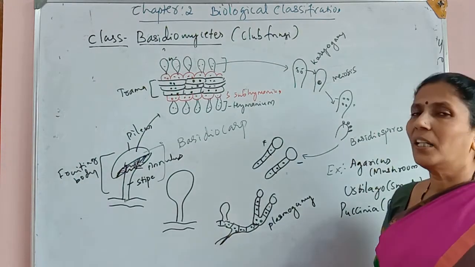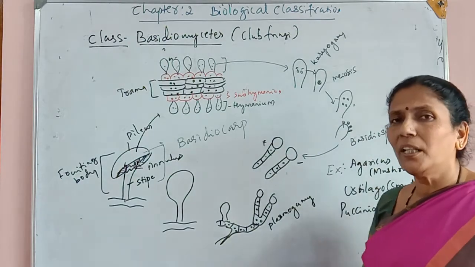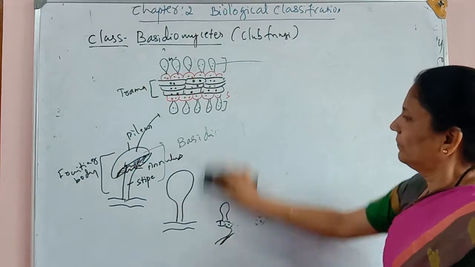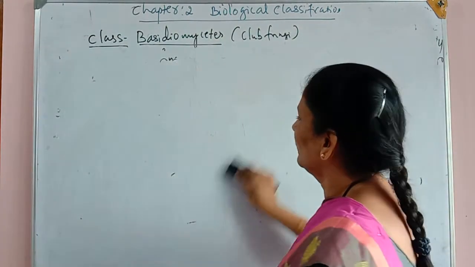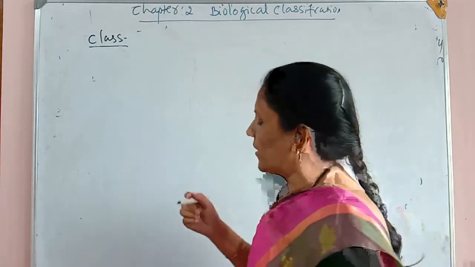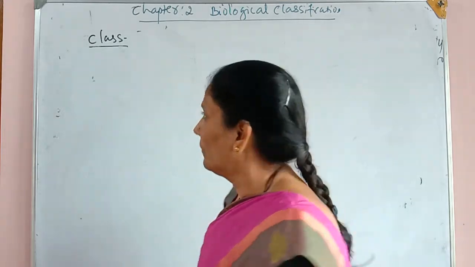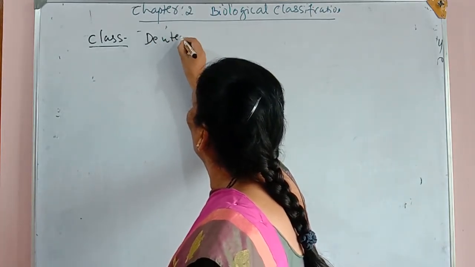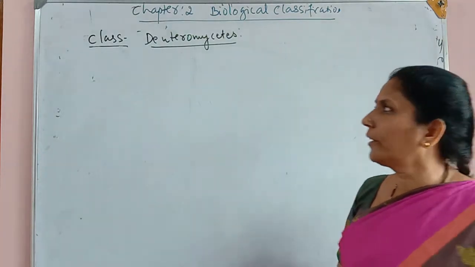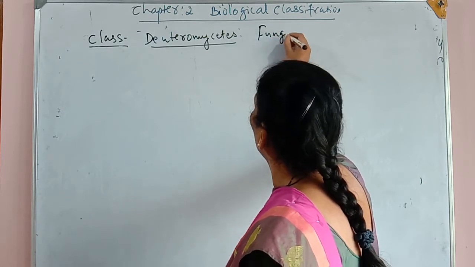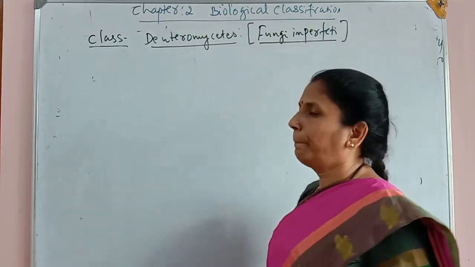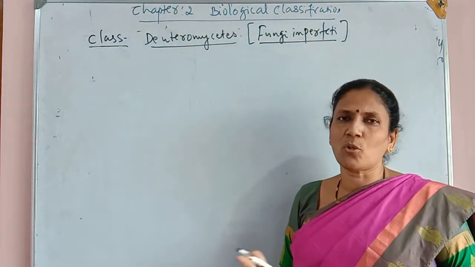So here we finish the class characters of Basidiomycetes, and let us move to the characters of the next class, class Deuteromycetes. Deuteromycetes are also called the Fungi imperfecti because they have only asexual reproduction.